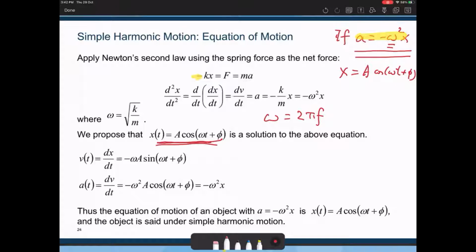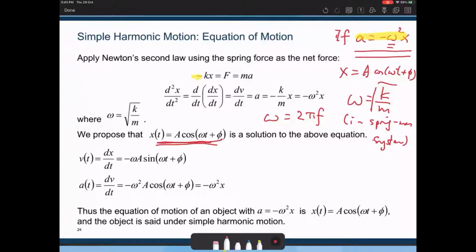It is the case that in the spring and mass system, omega is equal to the square root of k over m. In other situations, omega would be some other combination. As you will see later for the simple pendulum, omega is not k over m.